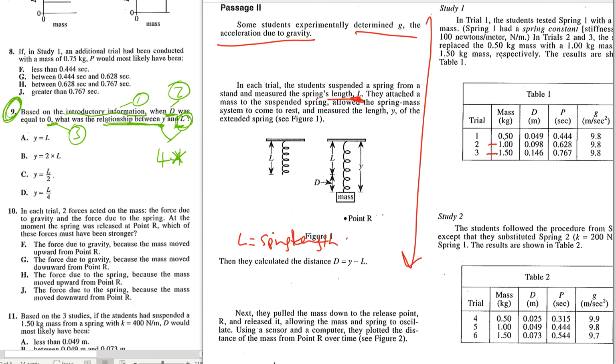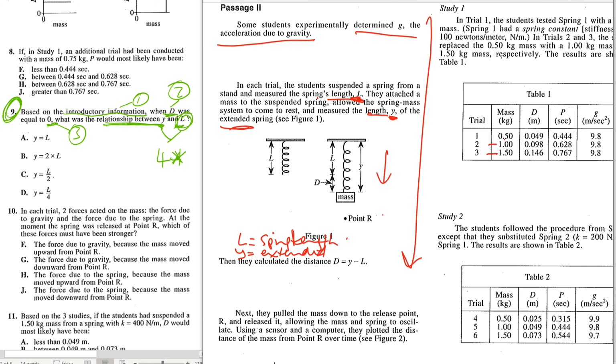They attached a mass to the suspended spring, so they just attached a weight to the spring, allowed the spring mass system to come to rest, and measured the length y of the extended spring. Okay, so y equals extended.